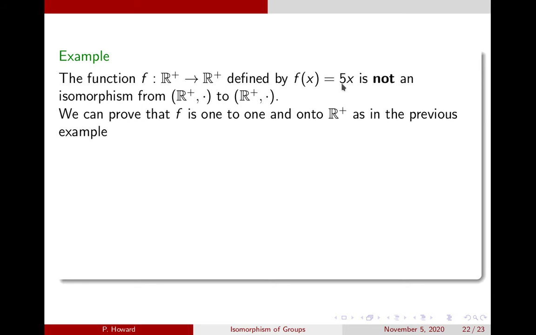This is not an isomorphism from the positive reals with the operation of multiplication to the positive reals with the operation of multiplication. We can prove that f is 1 to 1 and onto the positive reals like we did in the previous example, but the isomorphism equation does not hold for this choice of f and these two groups.